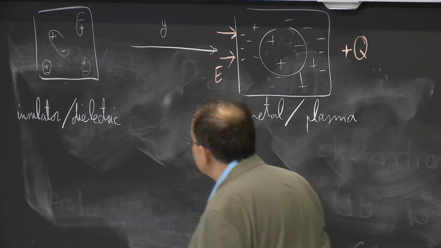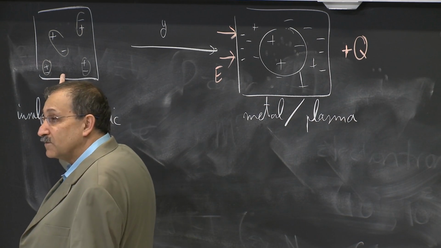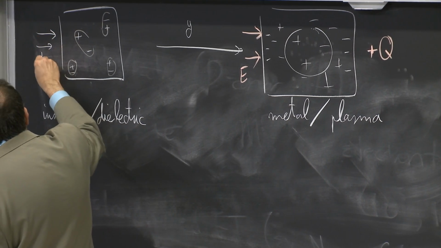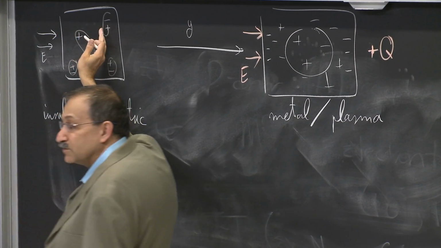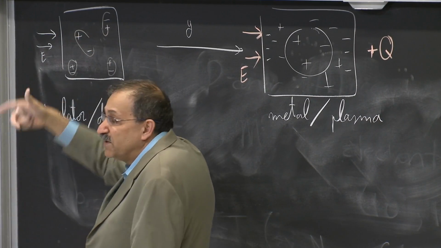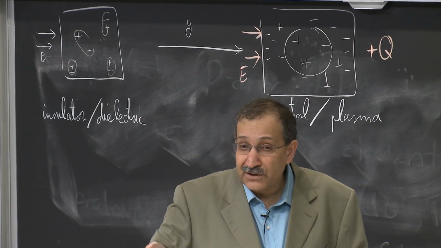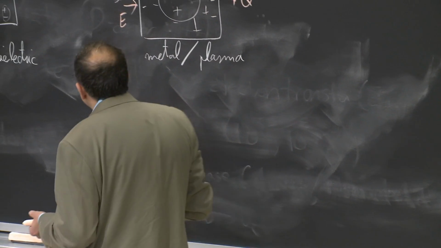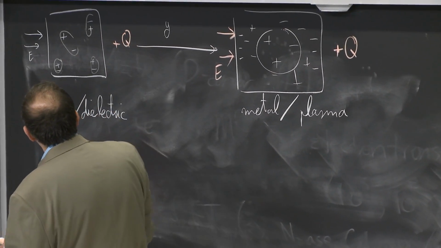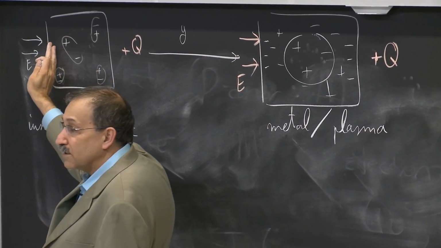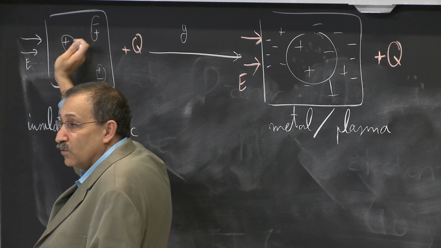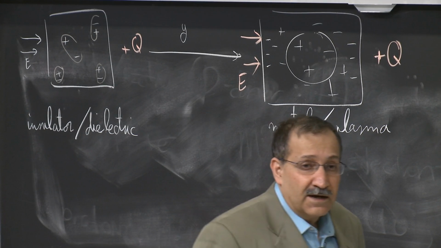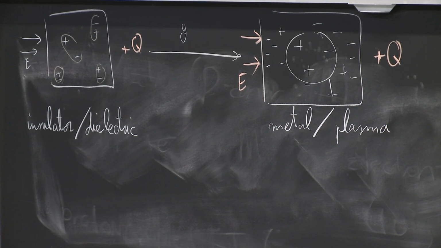You won't see it. Whereas here, what is going to happen is that if you put in an electric field, it will penetrate into the system, although it will be weakened a little bit by the reorientation of these charges. If you put a plus charge, the effect of that plus charge would be felt throughout, although weakened a little bit because, again, some of these dipoles will reorient. Okay?